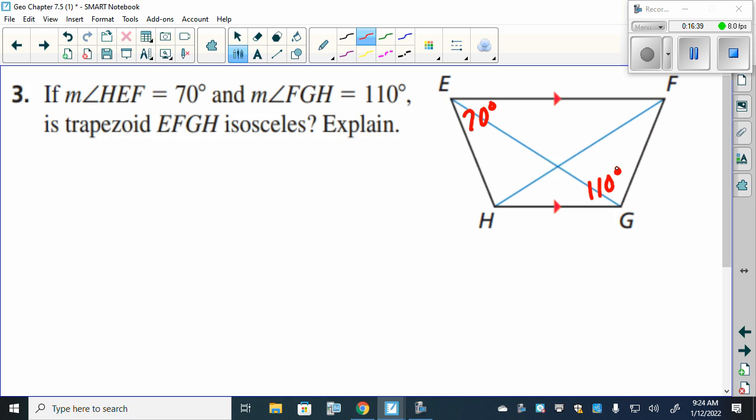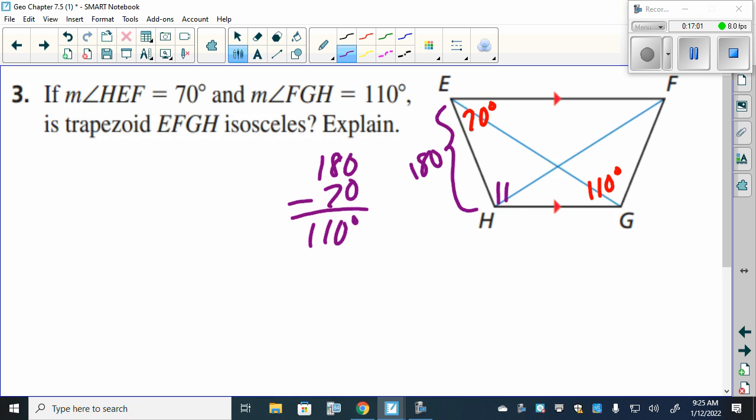Well, yes, these still would add together to be 180 degrees, even if it's not isosceles. Because we can say 180 minus 70 is 110 degrees. So can we say it's isosceles?